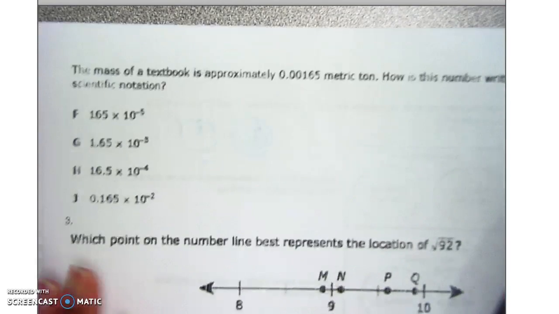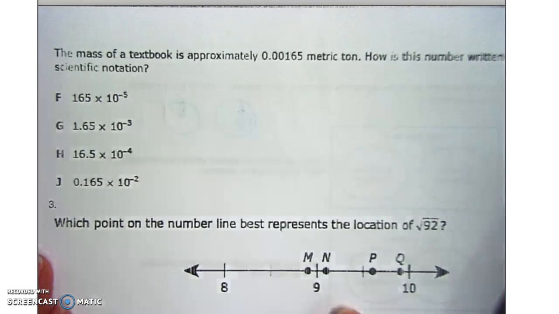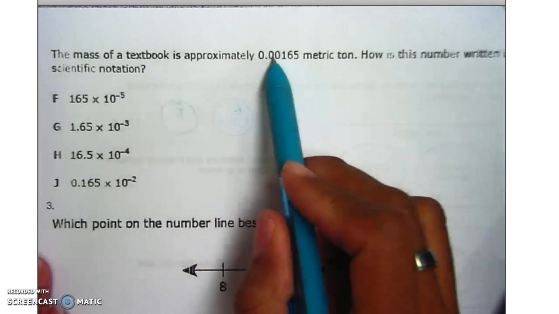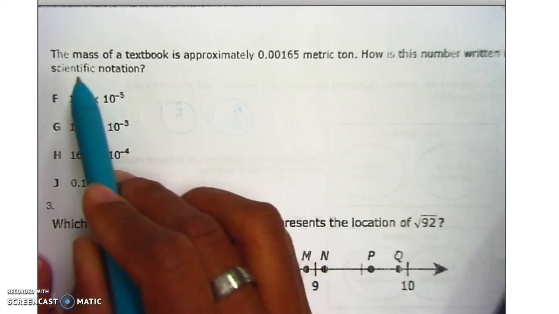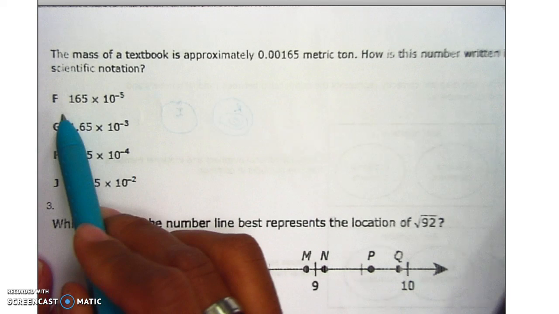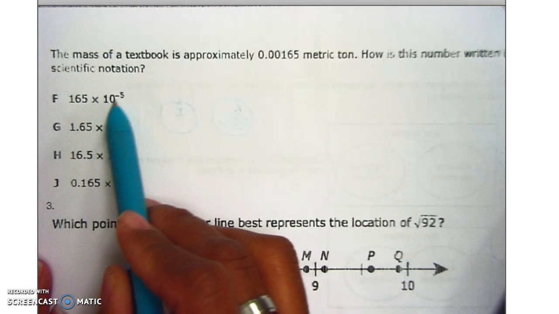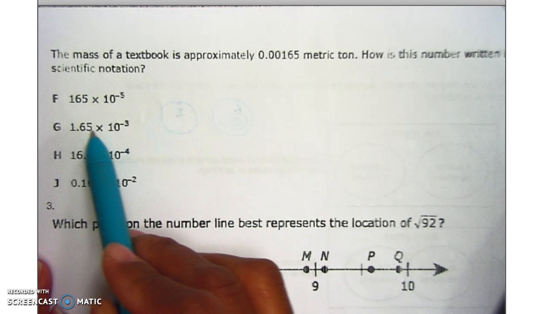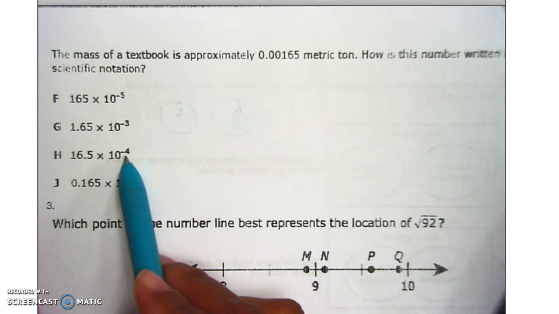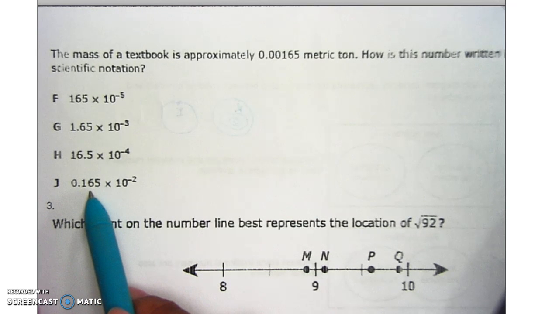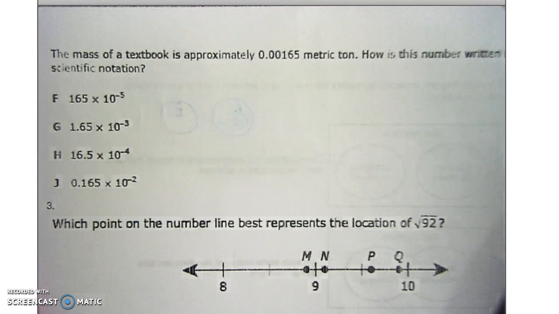Number two, the mass of a textbook is approximately 0.00165 metric ton. How is this number written in scientific notation? We have 165 times 10 to the negative 5, 1.65 times 10 to the negative 3, 16.5 times 10 to the negative 4, 0.165 times 10 to the negative 2.